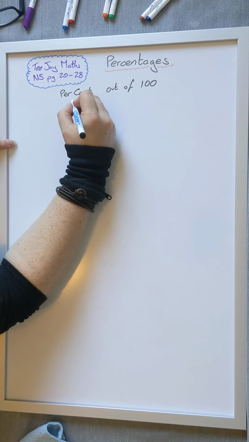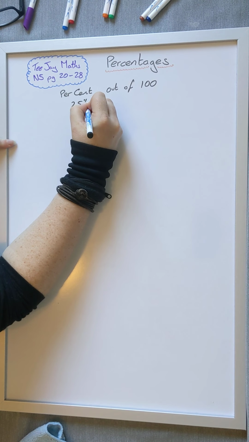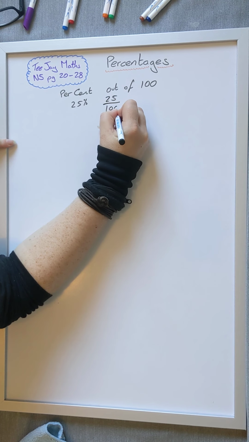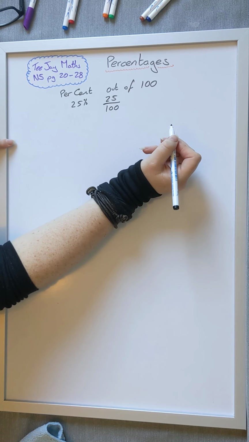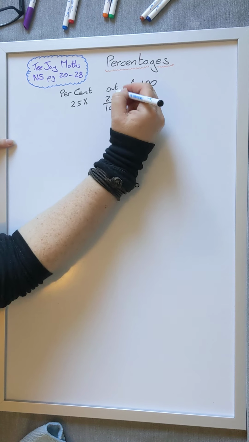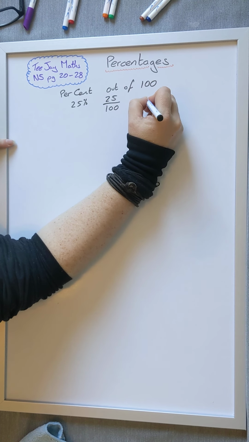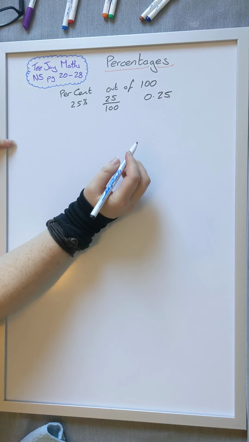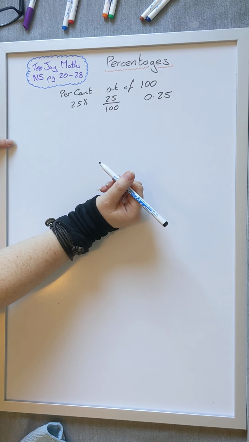So if we were looking for 25%, we could write that as 25 out of 100. Going back to our fractions, out of just means divide by. Or we could also write it as 0.25. That's what you get if you stuck it in a calculator.